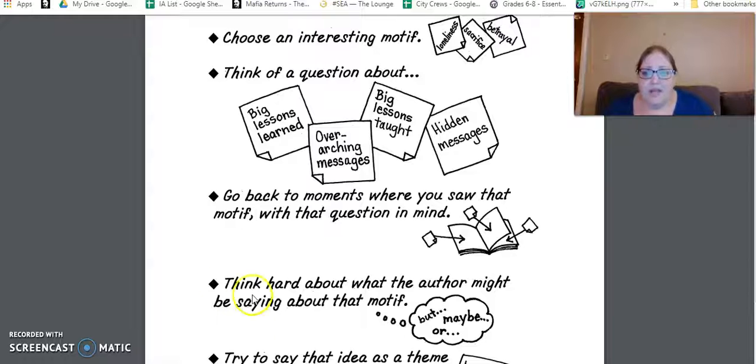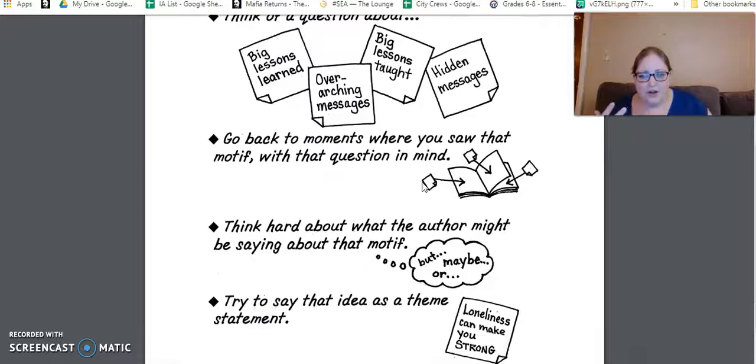When you notice these themes, think about these things and then go back to that moment where you saw the motif happening in the story. Maybe go back to the first moment and then the second, the third moment, and just think to yourself, what could be the message here?